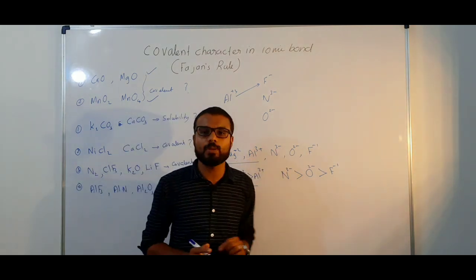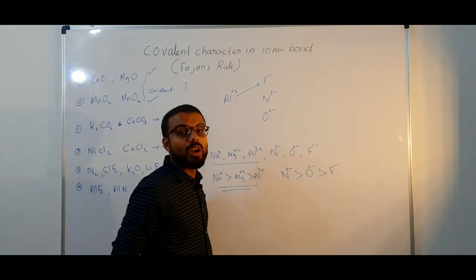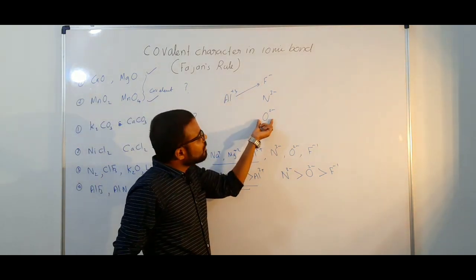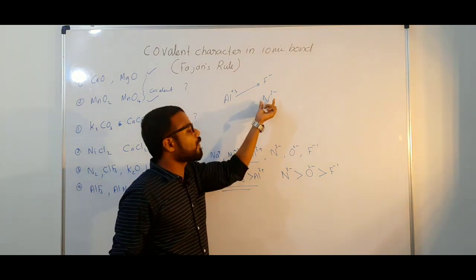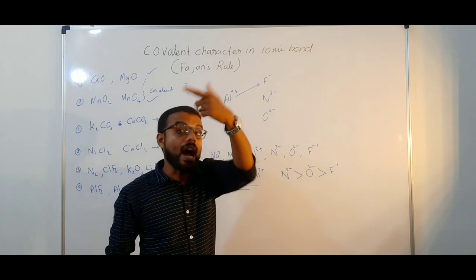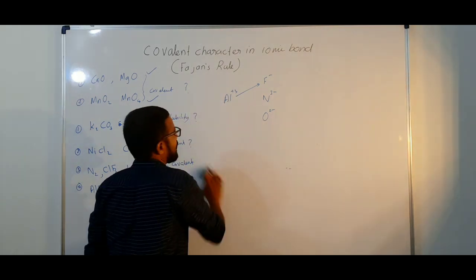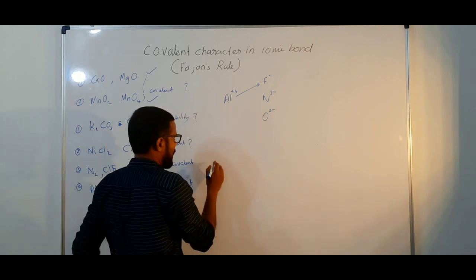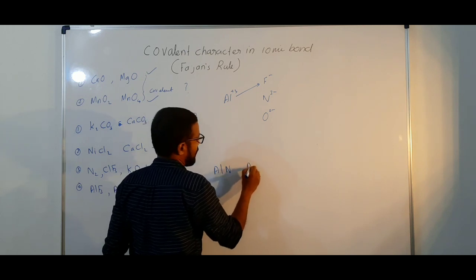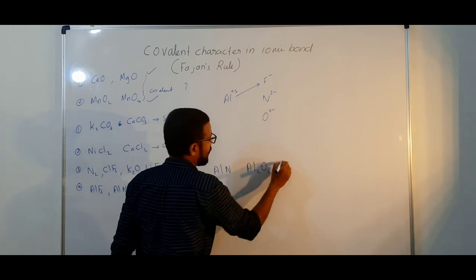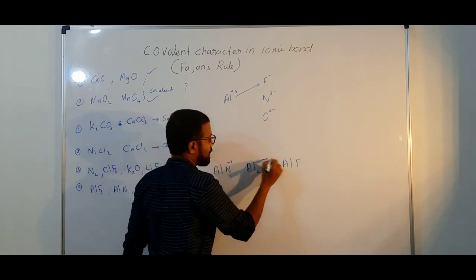Okay. Remember, this is called isoelectronic species. In all these species, total number of electrons is what? 10. So, here we have isoelectronic species. All are anions. Then higher the charge, bigger will be the size. Higher the size of anion, higher will be the polarizability, higher will be the covalent character. So, which one will be bigger in size? We have AlN, then Al2O3, then AlF3. Here minus 3, here minus 2, here minus 1.